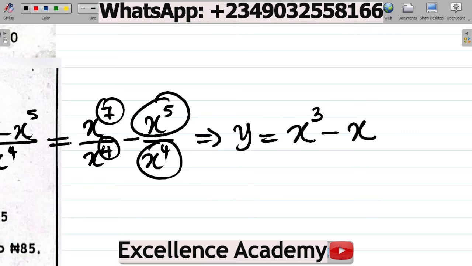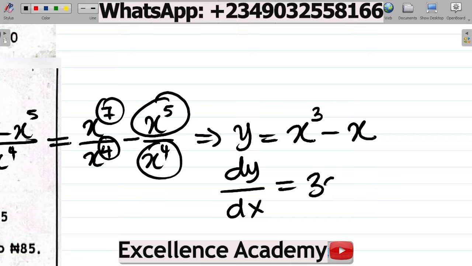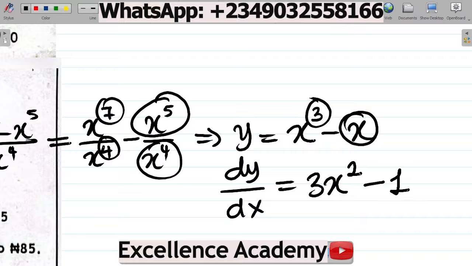When you're asked to find the derivative, it means differentiation. dy/dx is equal to multiplying by the power, which is 3, so that becomes 3x to the power 3 minus 1, which is 3x squared, minus the derivative of x, which is 1. So the correct answer is 3x squared minus 1.